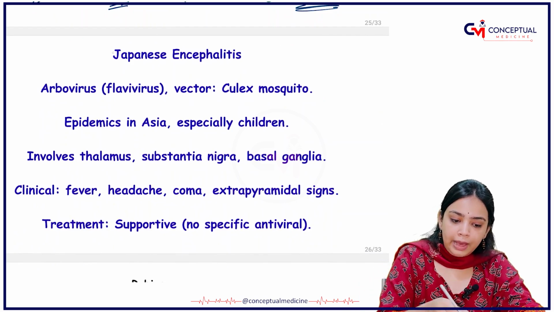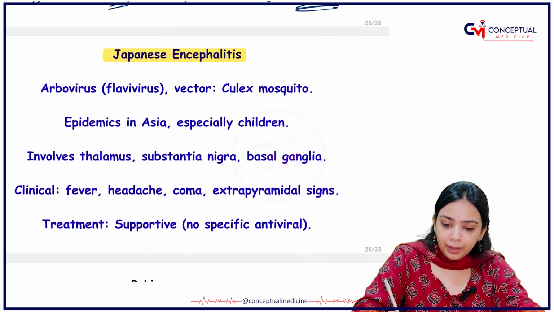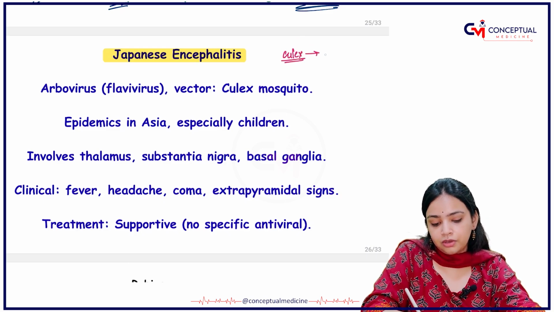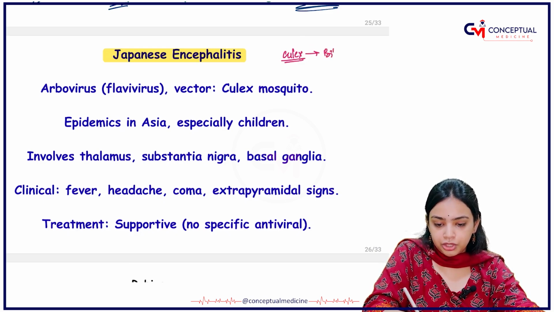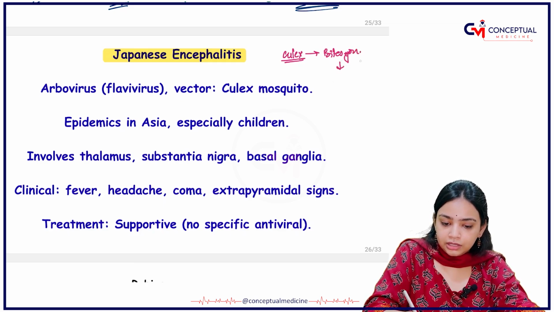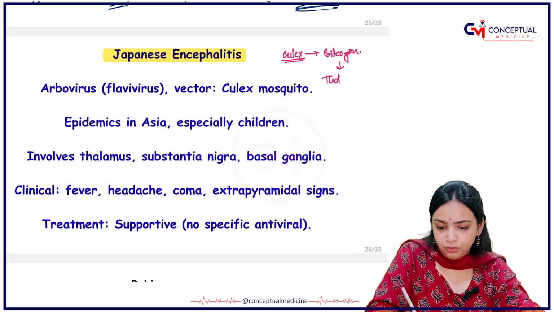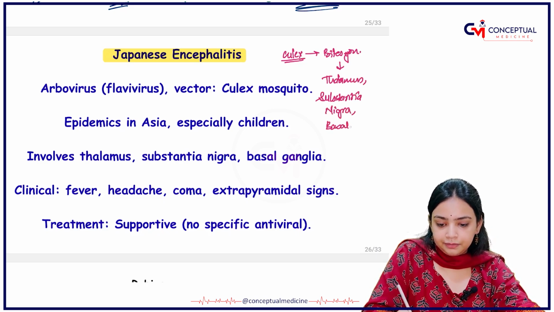Next that you have is Japanese encephalitis. I have told you, in Japanese encephalitis there is a Culex mosquito. When the mosquito bites you, the infection goes to your brain and involves the thalamus, the substantia nigra and the basal ganglia.